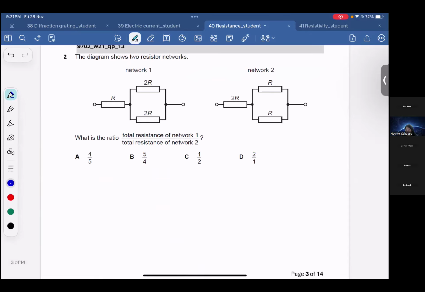Okay, total resistance in network 1 over network 2. Do your calculation. Total resistance. Wesley correct.